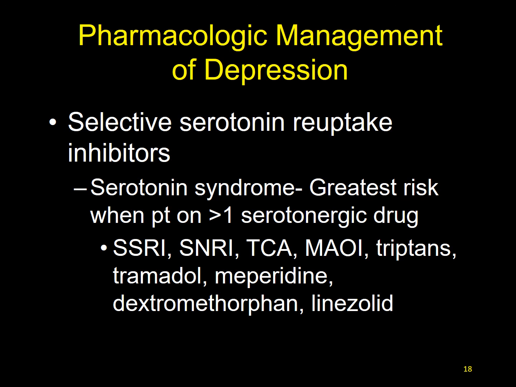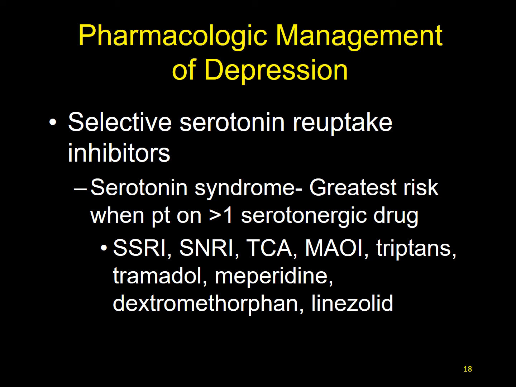They're serotonergic. Tramadol, you'll probably know this as Ultram. That is serotonergic. Meperidine is serotonergic. Dextromethorphan, which is the cough suppressant in most over-the-counter cough and cold medications, that is serotonergic. And linezolid, which is an antibiotic, is also a serotonin increasing drug.